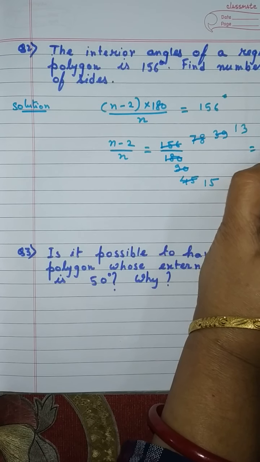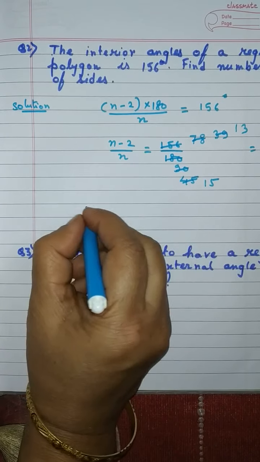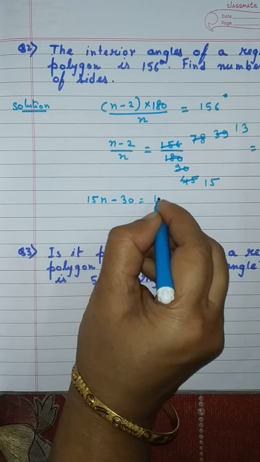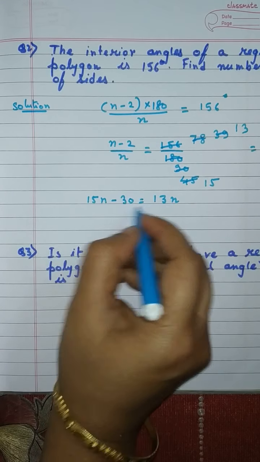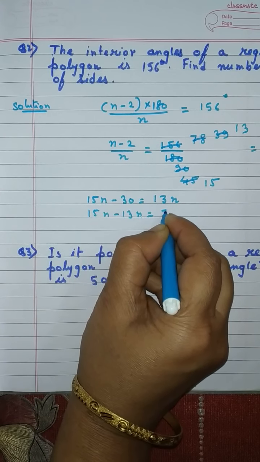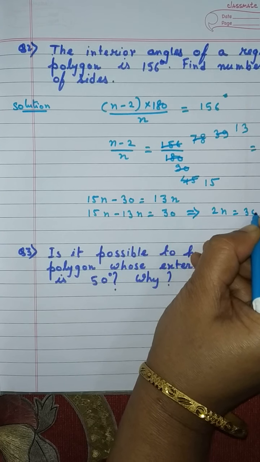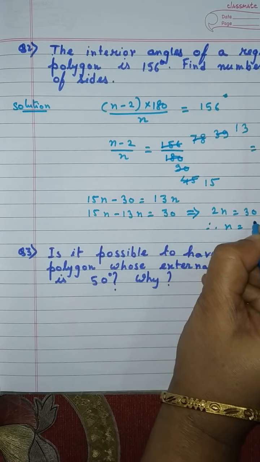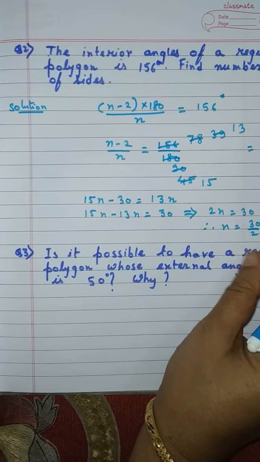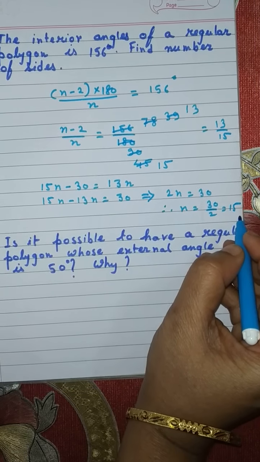So equal to 13 upon 15. Now the cross multiplication, 15n minus 30 is equal to 13n. So 15n minus 13n equal to 30. 2n is equal to 30. So therefore n is equal to 30 by 2, which is equal to 15. So n is equal to 15. Number of sides is equal to 15.